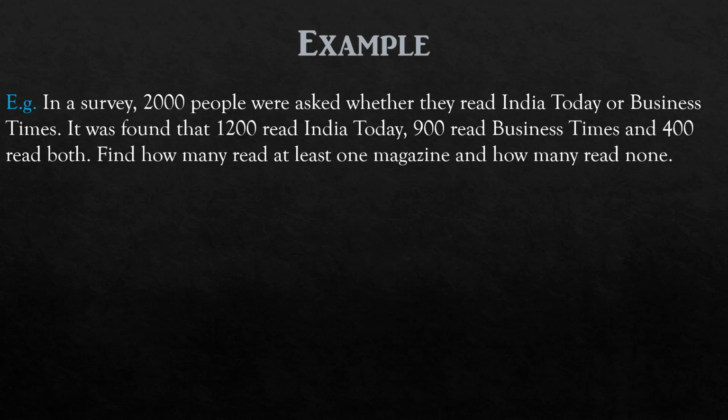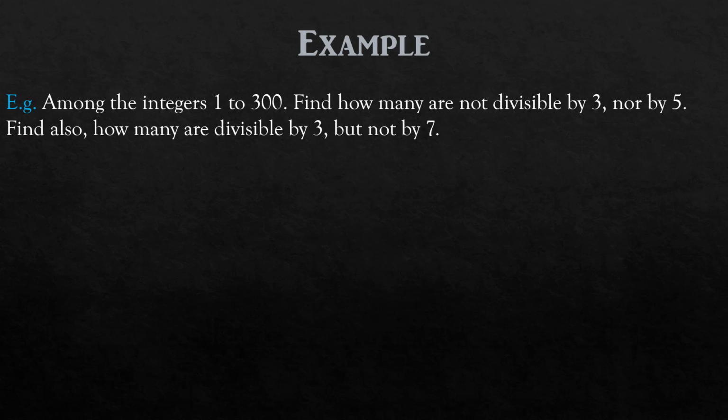Now let's see example number 2. Among the integers 1 to 300, find how many are not divisible by 3 nor by 5. Find also how many are divisible by 3 but not 7. So again यहाँ पे number of sets सबसे पहले हम लोगों को find out करना है. So how many sets are there? 3 sets.